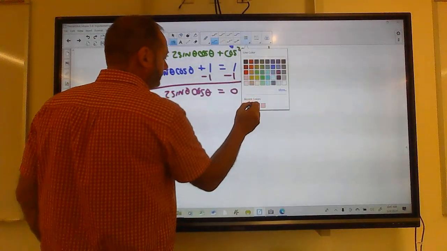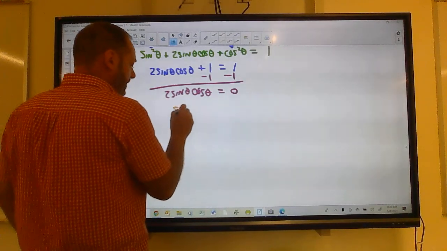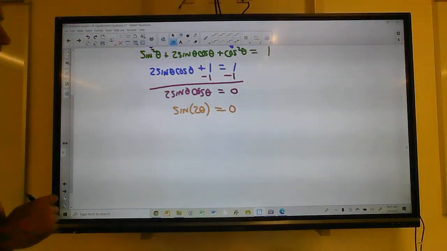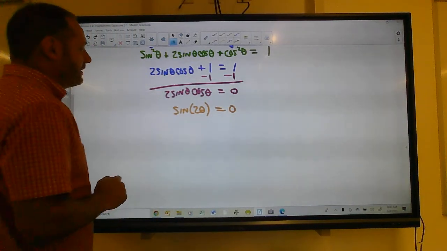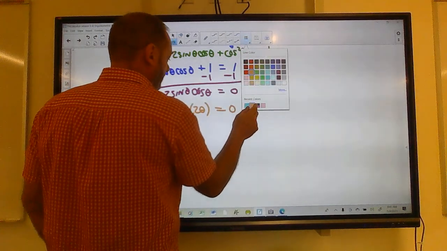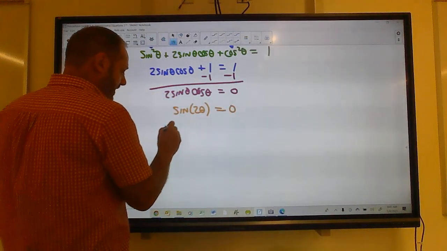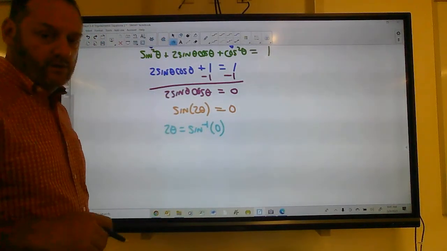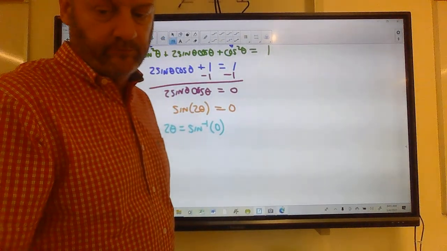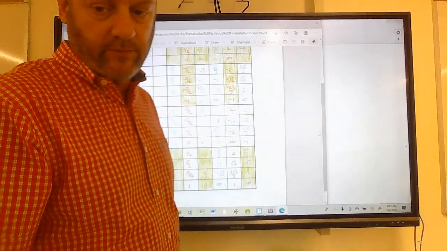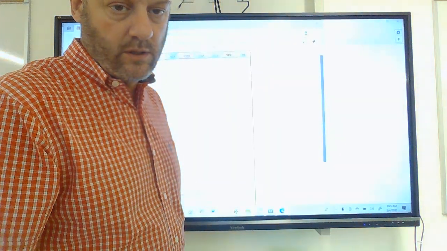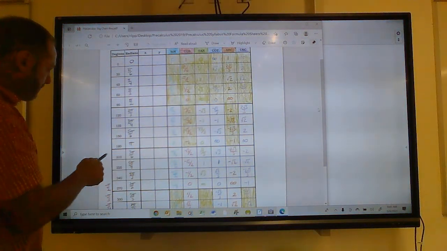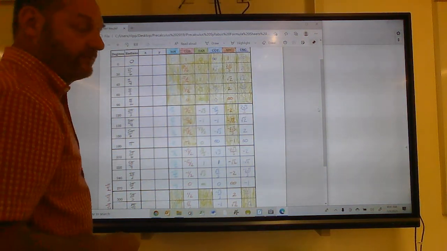That's just sine 2 theta equals 0. So now I can arc sine. So 2 theta is the arc sine of 0. Arc sine 0 is 0. It's also pi. And it's also 2 pi.